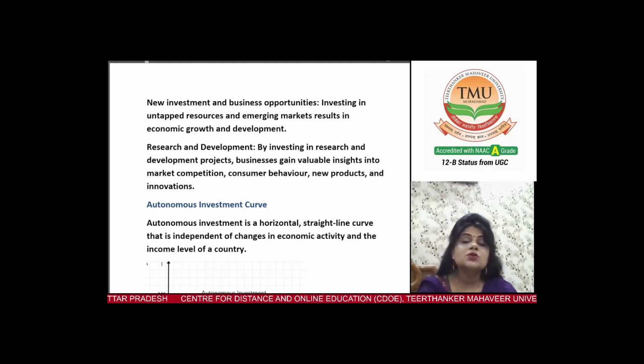In contrast to induced investment, which seeks to take advantage of economic opportunities, autonomous investment is made for necessities or purposes of stability or security.